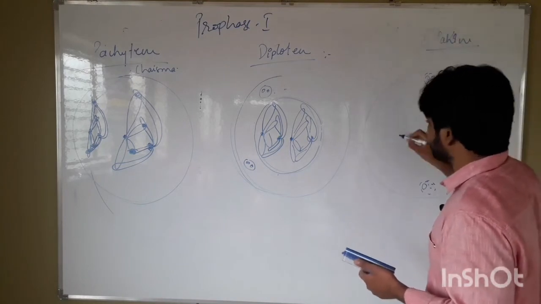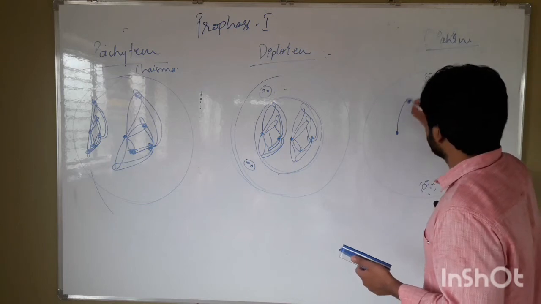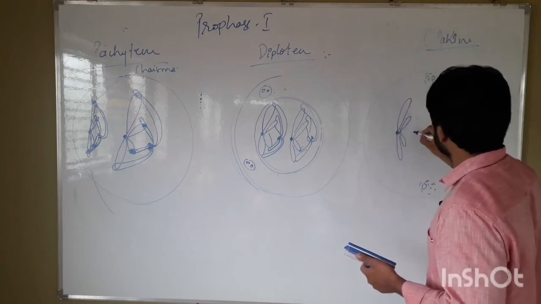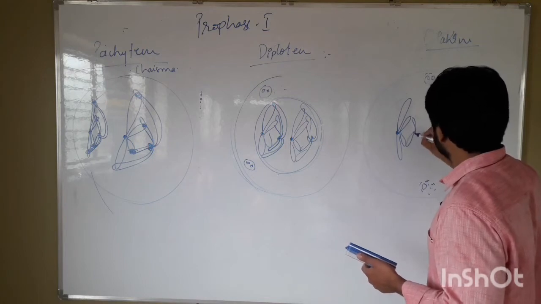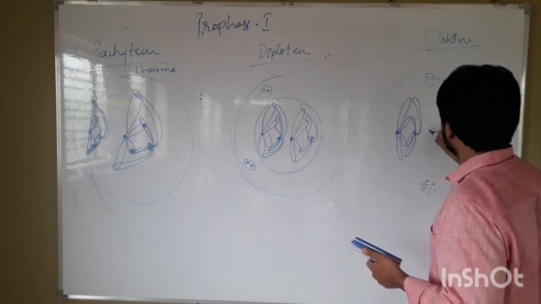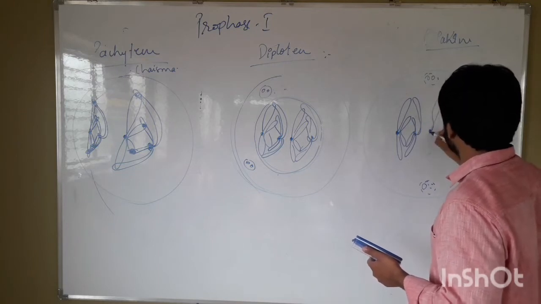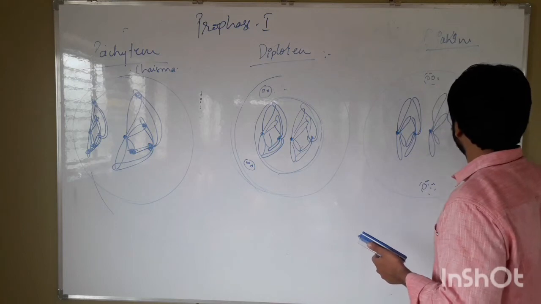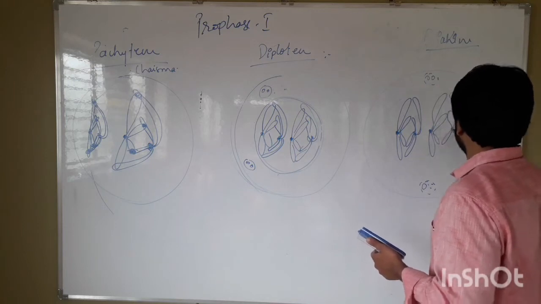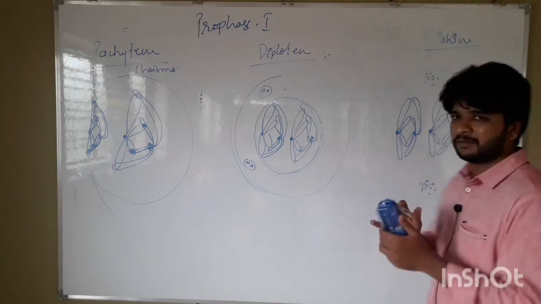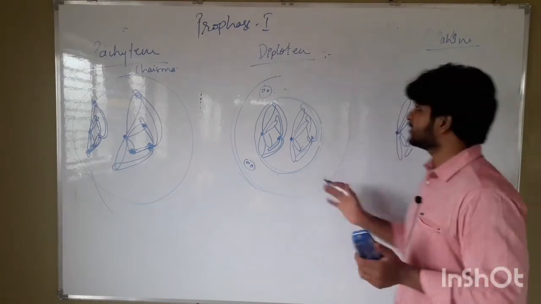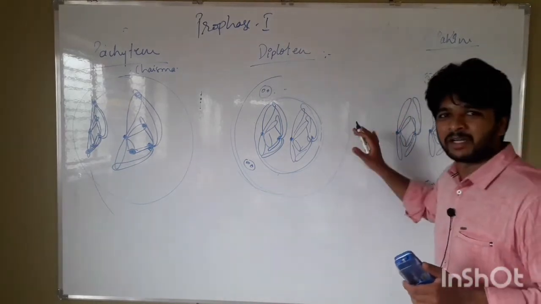Terminalization is complete, but the paired homologous chromosomes are still present together at one place. The chiasma has been terminalized completely. This is about prophase 1.